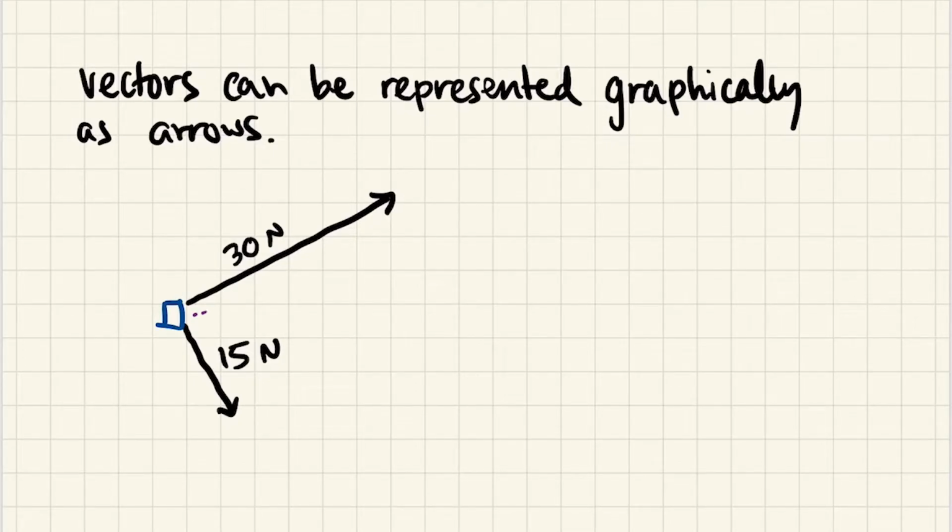Maybe something like this, and closer to the 30 than the 15 because the 30 is stronger, right? And so perhaps this will move in, say, a direction like this. Okay. And that is called a resultant vector.